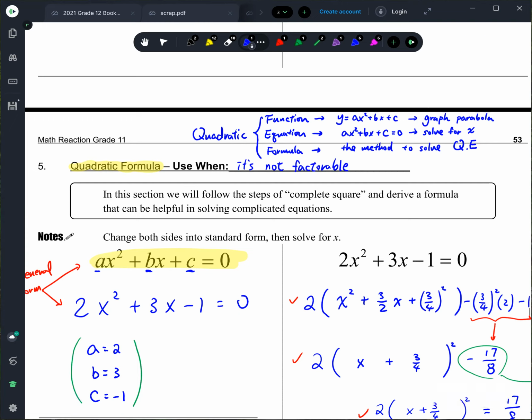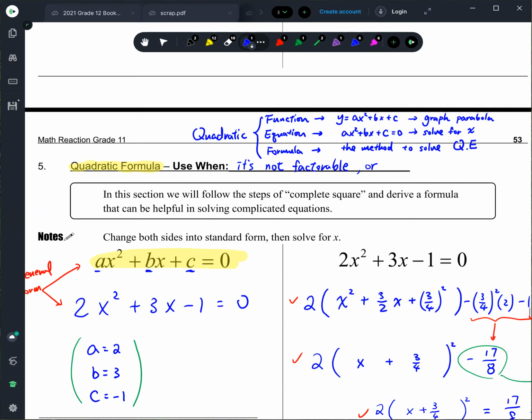Or you don't want to use complete the square, or the question doesn't ask you to use complete the square. Or you can say the question asks you to use the formula.